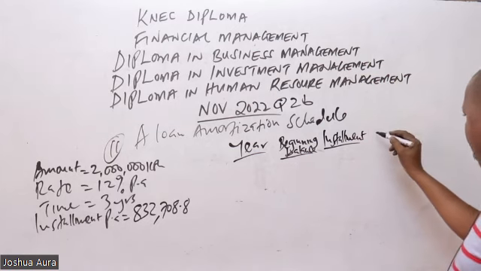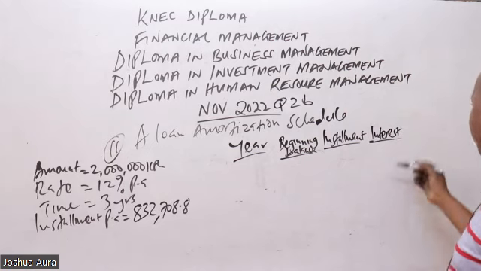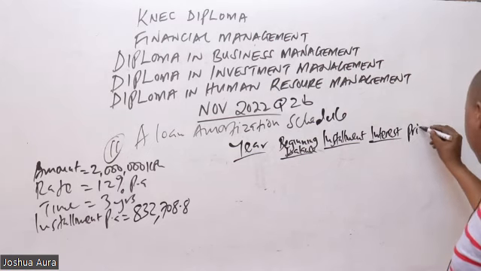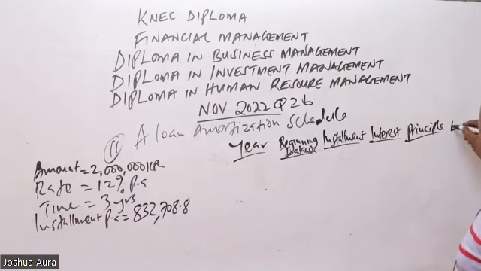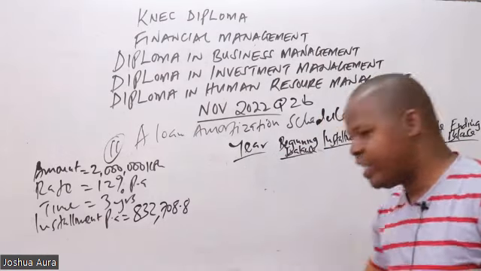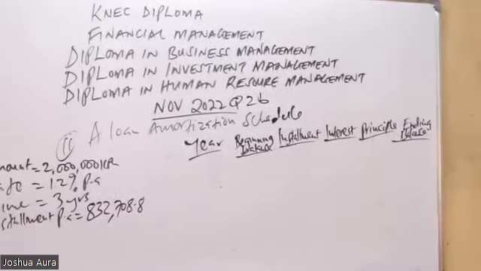Then here you will come up with the interest column. Then a principal column, and then the ending balance. So this is the loan amortization schedule.